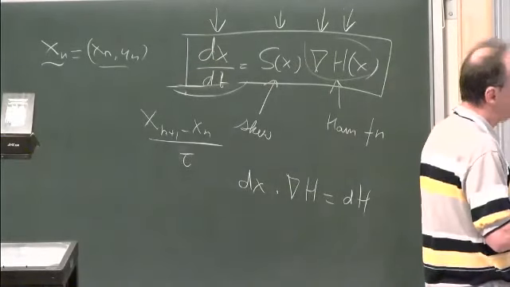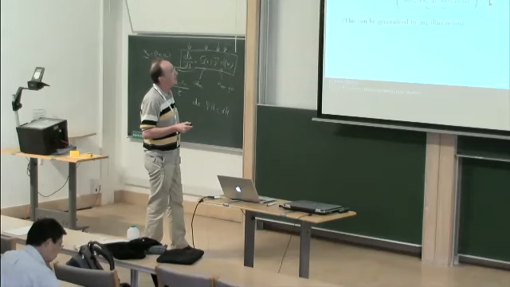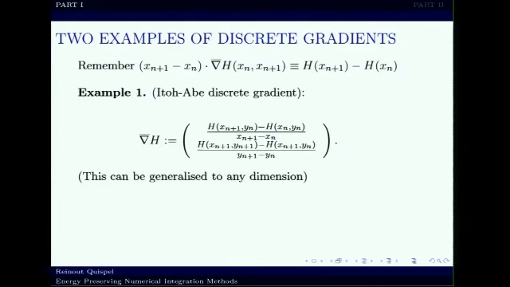I just have a shift in x here, and then divided by delta x. And now the only unusual thing here is that the y is shifted, but also this is at the new xn plus 1.